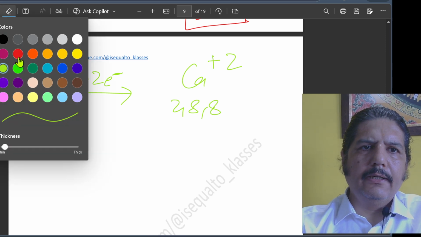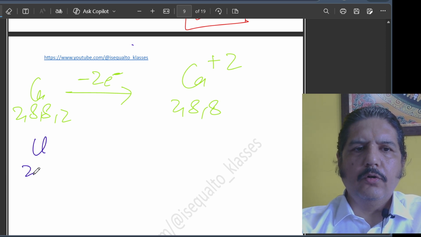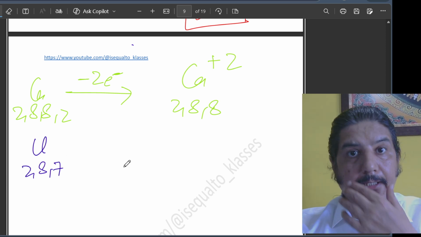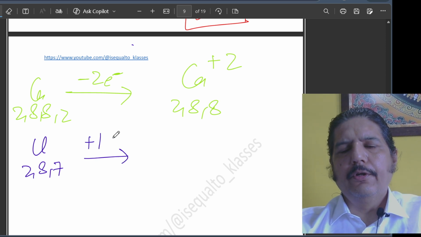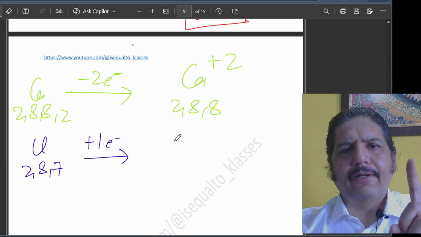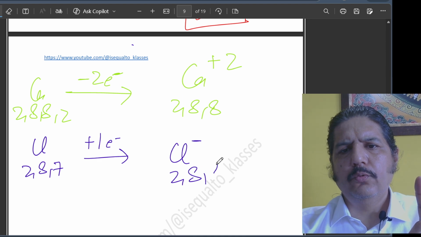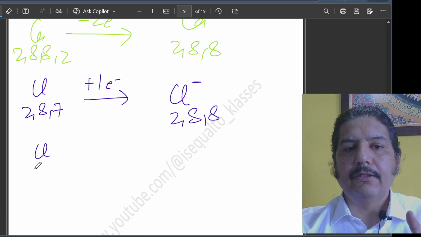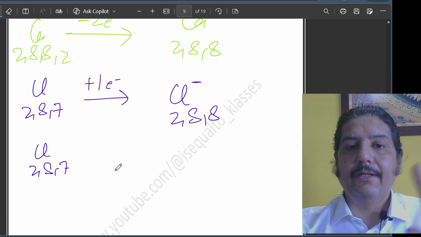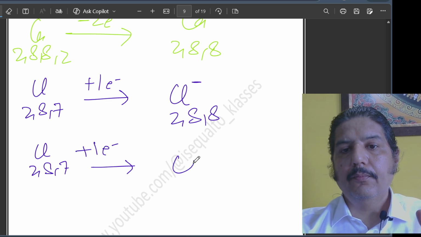But if you look at chlorine, it has an electronic configuration of 2, 8, 7. Each chlorine atom wants just 1 electron, so it will become Cl negative, electronic configuration 2, 8, 8. But then two such chlorine come together. So 2, 8, 7, another chlorine comes, which accepts one electron, becomes Cl negative 2, 8, 8.